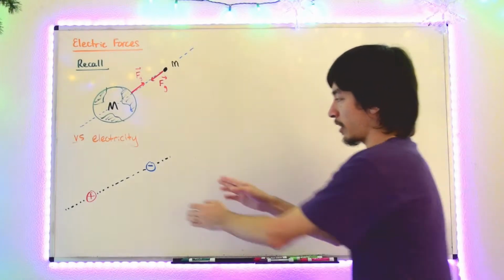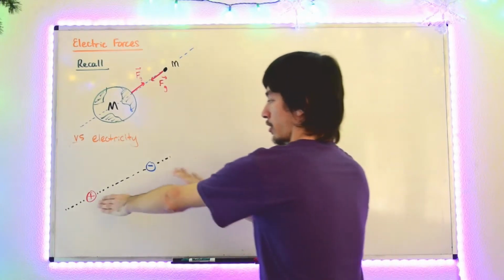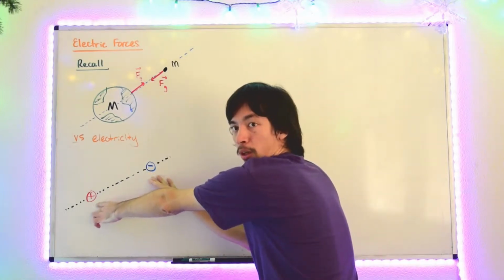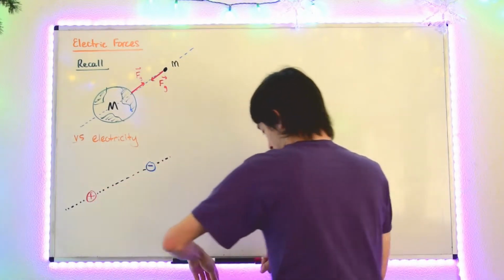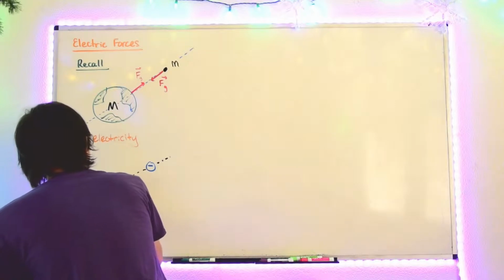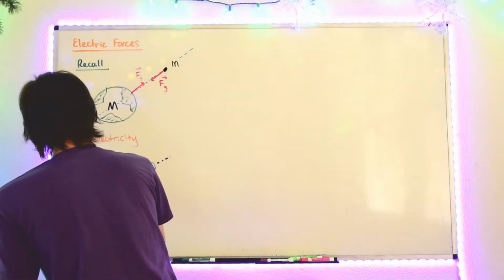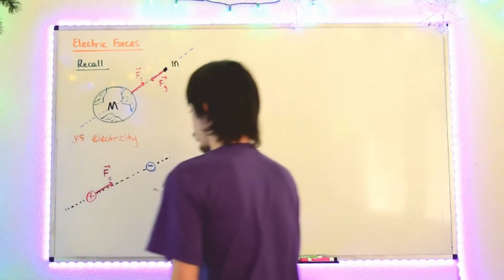We'll find that this picture behaves a lot like the gravity picture, where two opposite kinds of charges will attract each other. The positive charge is pulled towards the negative charge with some force, call it F subscript E for electric force.